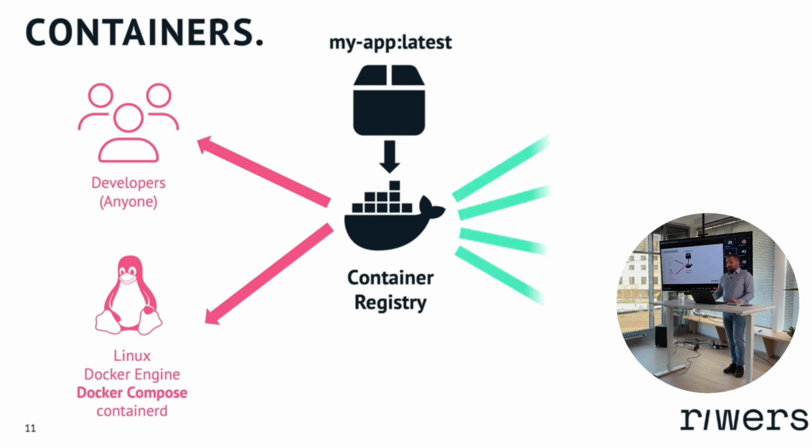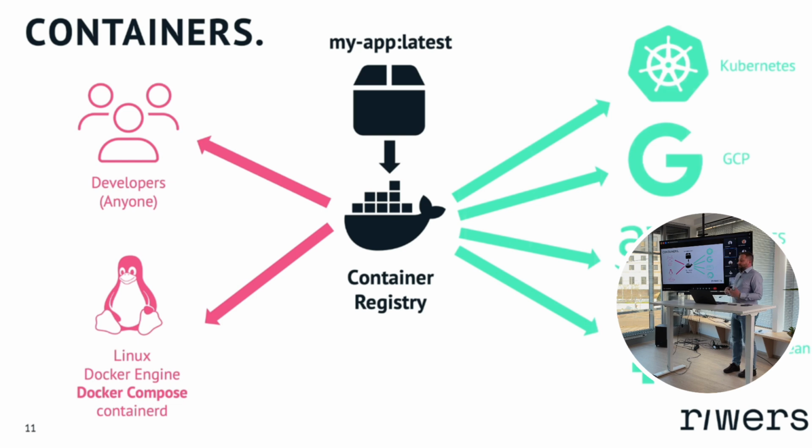But the important and most interesting part is that you can run it on any platform which can provide a full 24/7 environment for your application. This could be Kubernetes, this could be running on Google Cloud Platform, this can be run in AWS in several ways. For example, using Elastic Container Service, which just runs your container and makes it accessible to the world.